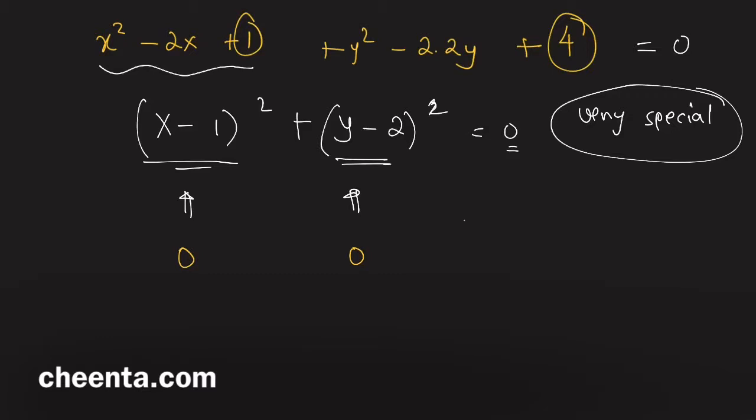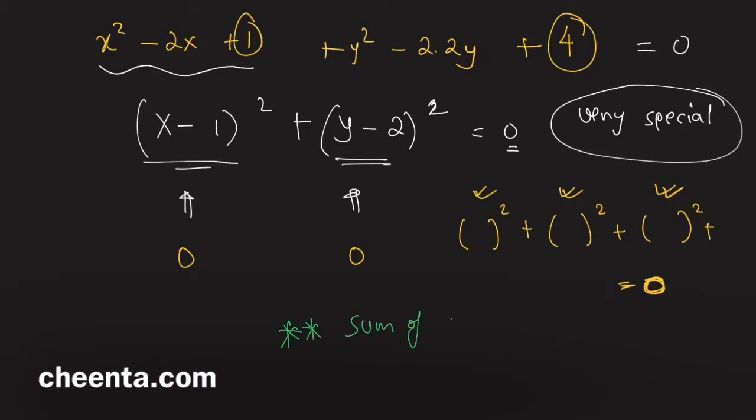Sometimes you would want to make sum of the squares of a bunch of things equal to 0, because then you can make them individually 0. That's the only way sum of several squares can be 0. So remember this expression. This is a very powerful tool.